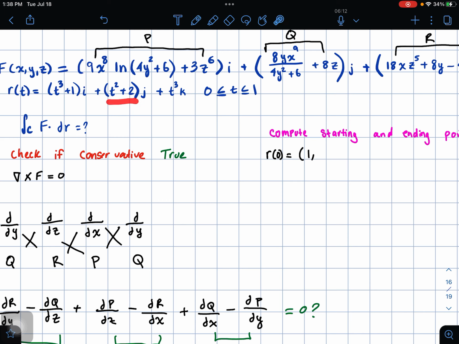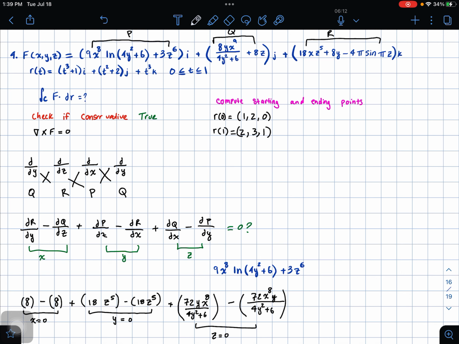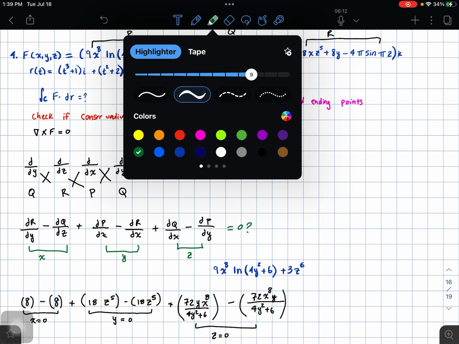This one becomes 2, and this one is just 0. Okay. r at 1. So that would be 1 plus 1, which is 2. 1 plus 2, which is 3. And this one's just 1. Right? Okay. So this will come in handy at the end.